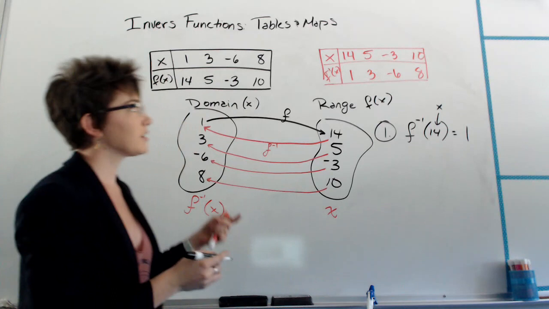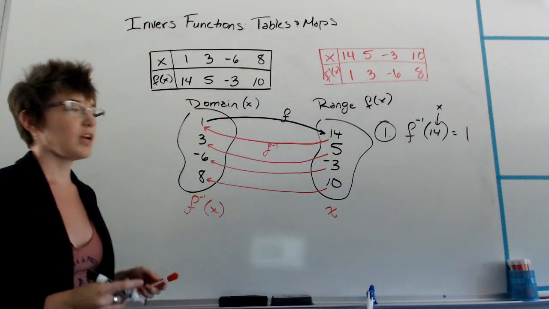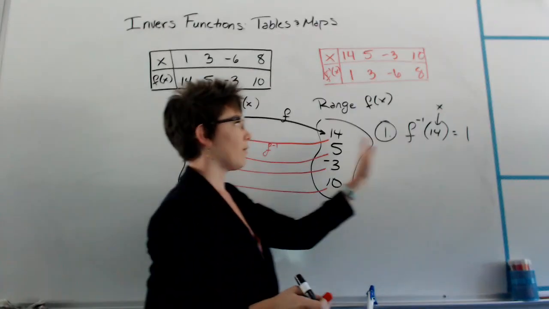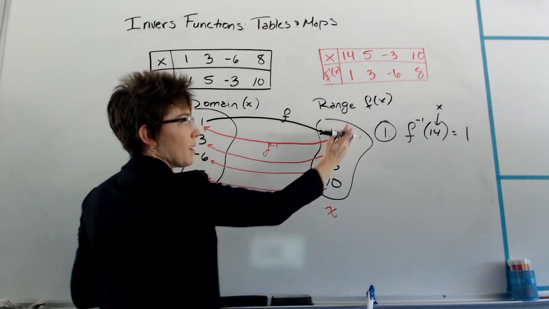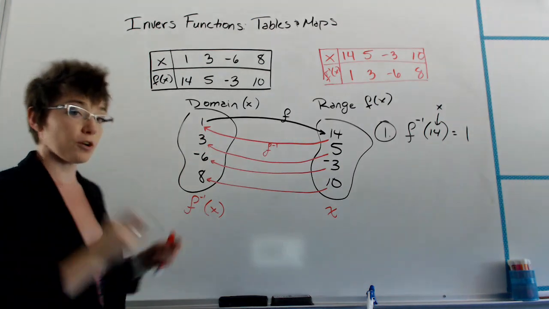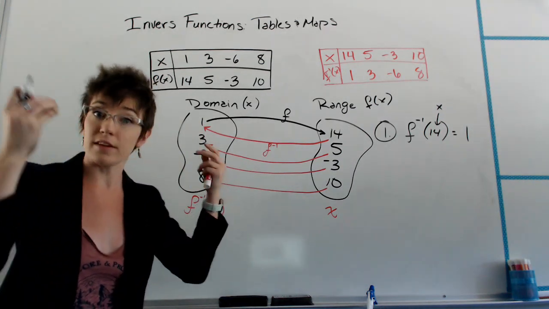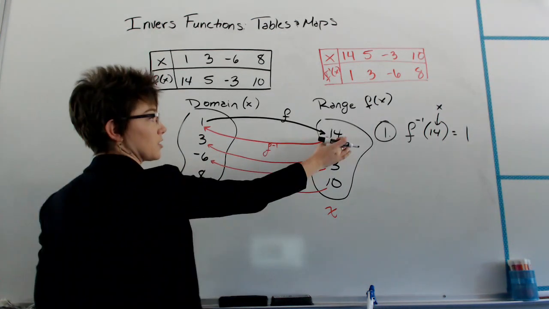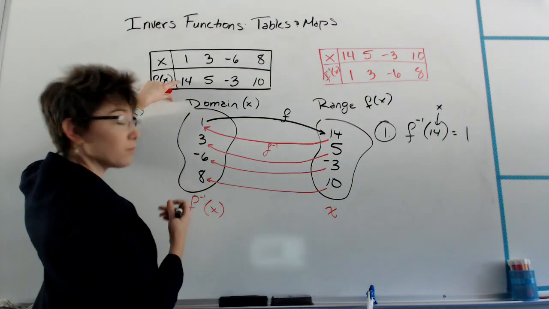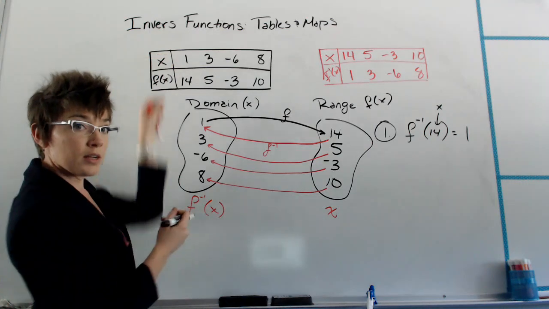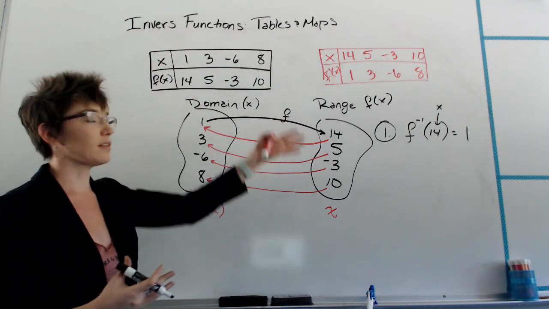You can find it on your original table if you think of this as, well, now I have to go backwards. I have to go from the range, the outputs, back to the input. So if you have a clear understanding of that, then awesome. You can think in terms of, well, here's my 14 output. What was the input? Well, it was 1.